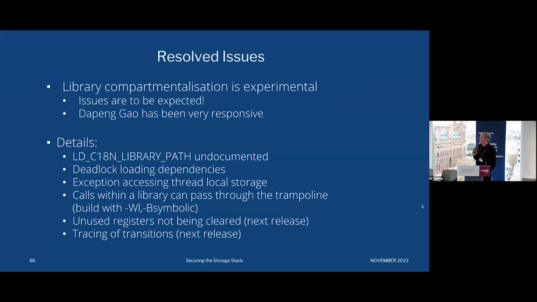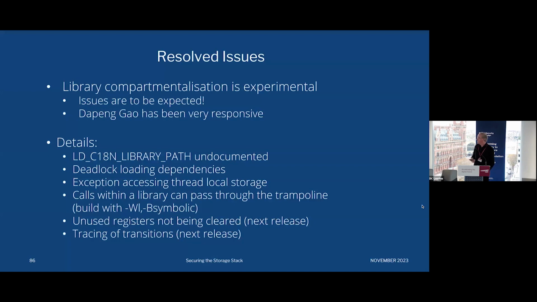Okay. Again, library compartmentalisation is experimental. There were issues, we expected them. I want to say that Depeng has been brilliant at responding to those issues and resolving them. It's been really good. So there were a few things like some undocumented use of a library path.